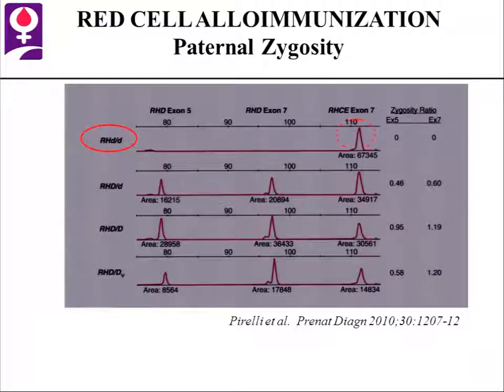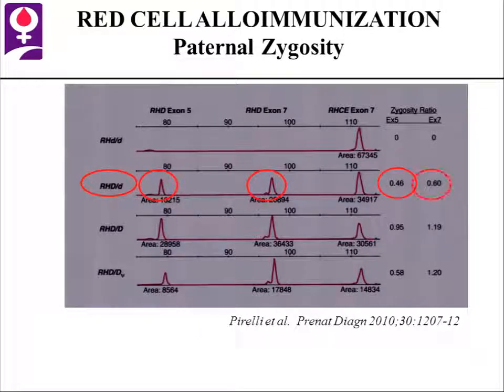I'll demonstrate this one, where we can use the RHD exon 5 and 7 with quantitative PCR, and also look at a control RHCE exon and compare peaks. So that's a negative. That panel shows a negative individual with only a peak in RHCE exon 7. And then on the next horizontal panel, we see a heterozygous individual.